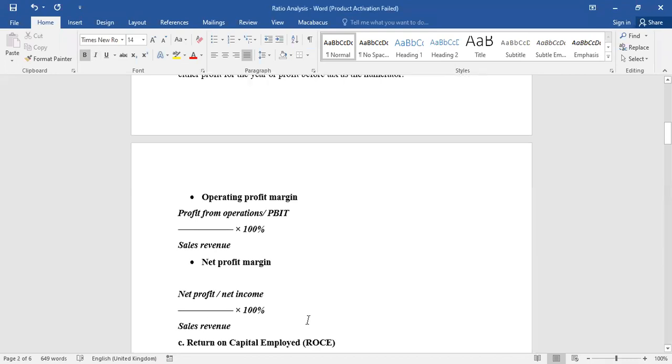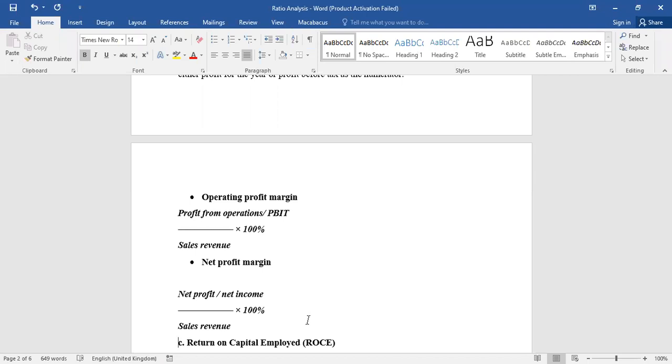Okay, now I said for ratios, you must know the formulas. There's no shortcut. Now, for operating profit margin, they say it is profit from operating, what you call profit before interest and tax, divided by the sales revenue. It's different from net profit margin.